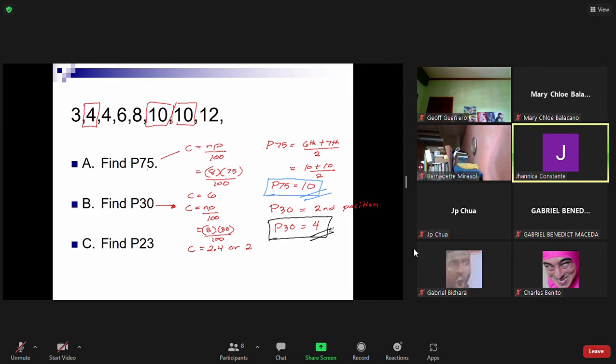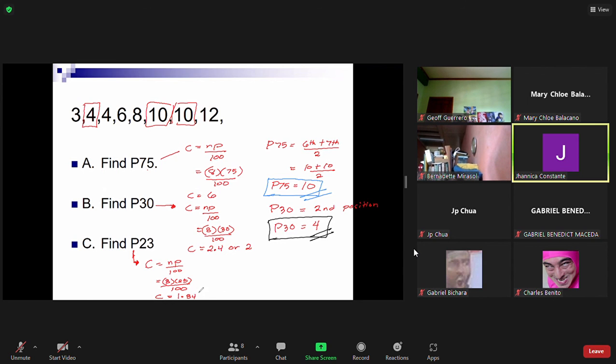So let's find the last percentile that we have here on the screen, which is the 23rd percentile. So C is equal to NP divided by 100. We have 8 times 23 divided by 100. So the value of our C is equal to 1.84.